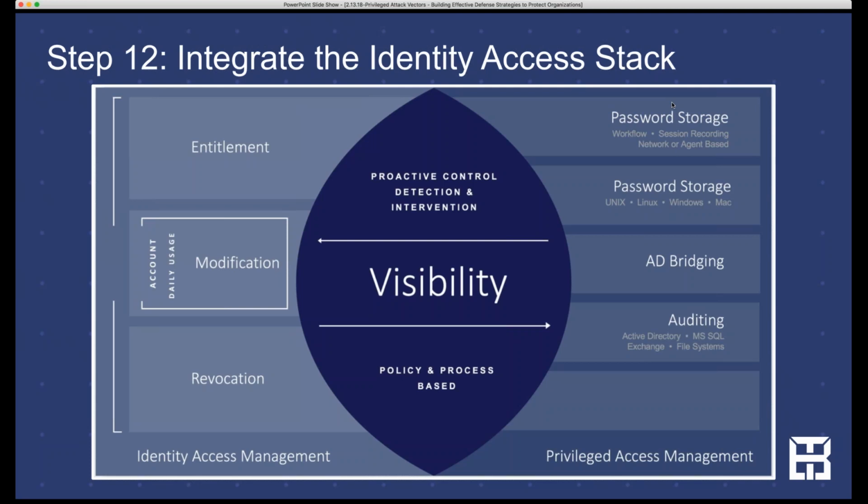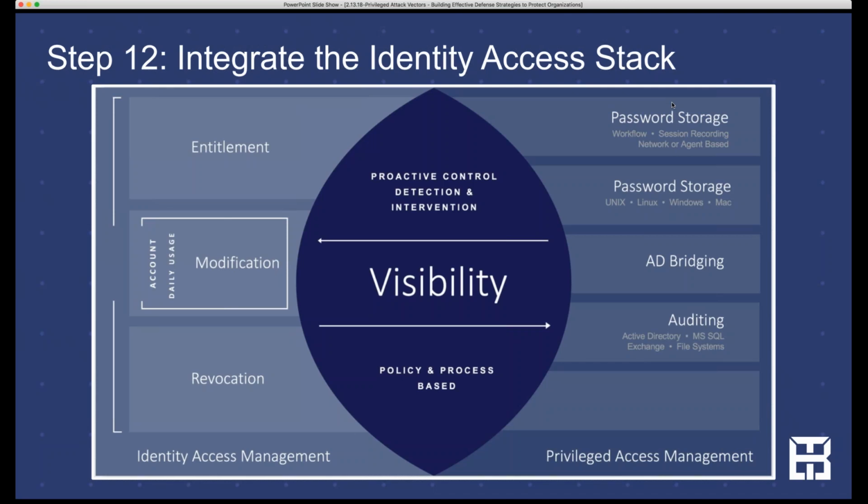So from an identity perspective, you assign an identity, a human being, a persona, entitlements, and it tracks all of the modifications to those entitlements on a daily basis and even allows you to revoke them, a cradle to grave type approach. On the privileged access side, you're now looking for all of the activity that was done with that identity in the form of accounts, users, credentials, across password storage, across individual platforms, whether it's AD bridging and whether it's auditing. Think about it in the middle.